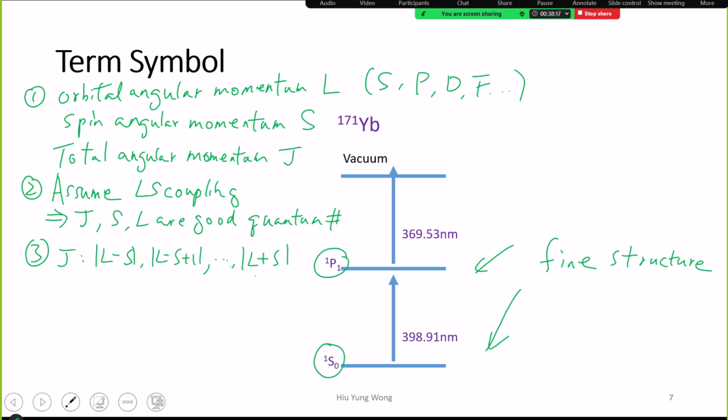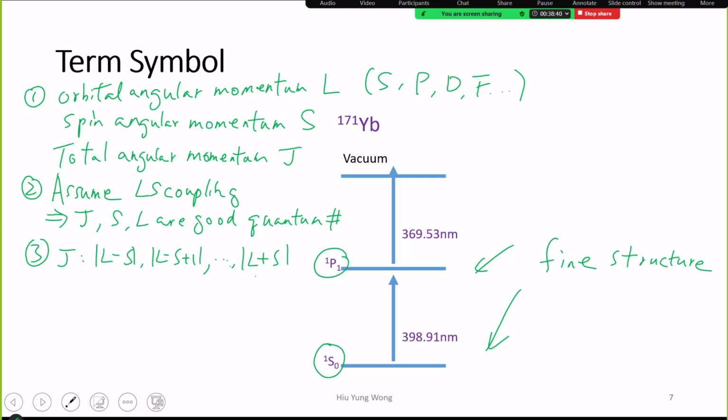Right? For those who have taken quantum mechanics regarding angular momentum, you should be very familiar with this addition of angular momentum, particularly when you have two bodies, right? But for those who have not, this is not the purpose of the class. I just want to show you this. Maybe you are not going to use it anyway in the future, right? But this is understandable, right?